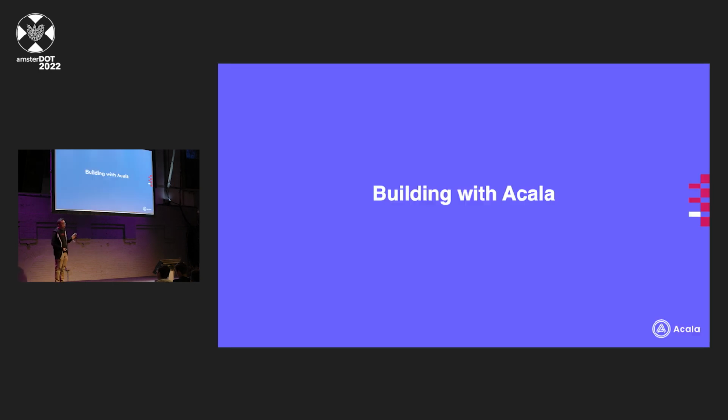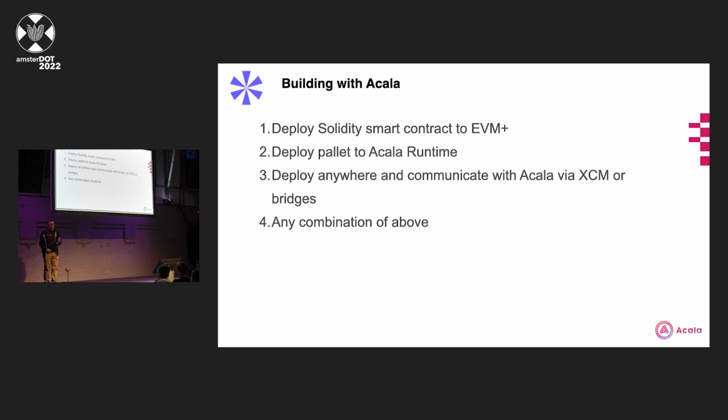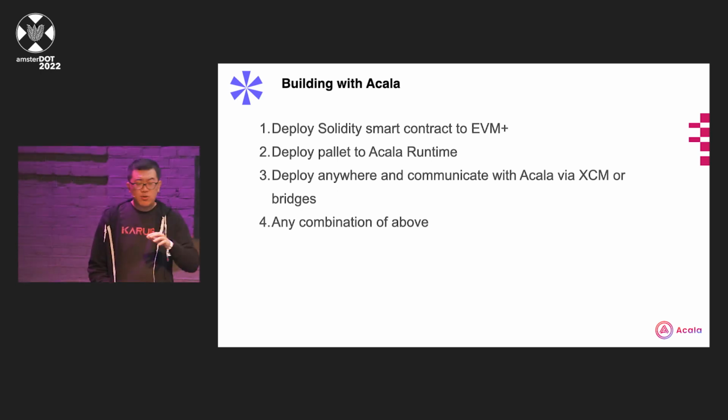So now you maybe have some good ideas. There are a lot of ways to build with Acala. We're going to launch our EVM Plus very soon, and you can deploy your Solidity smart contract projects there, or you can deploy your pallets, or you can deploy elsewhere.